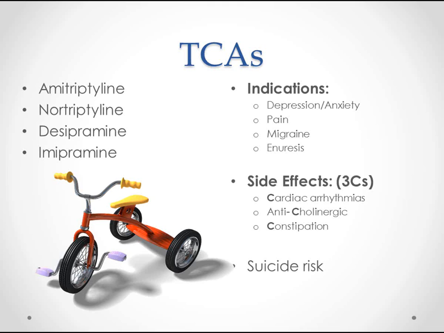And just remember, we don't really give these to many people anymore for depression just because of the suicide risk. People can kill themselves with TCAs, with not all that much of them either. I think it's like a 2 weeks supply will kill somebody.